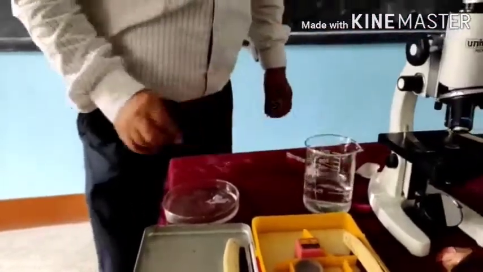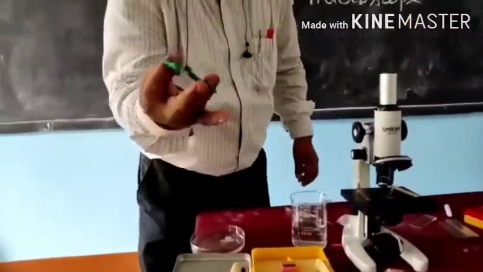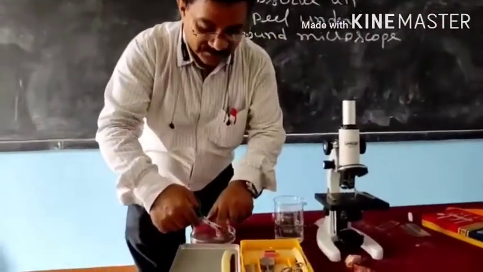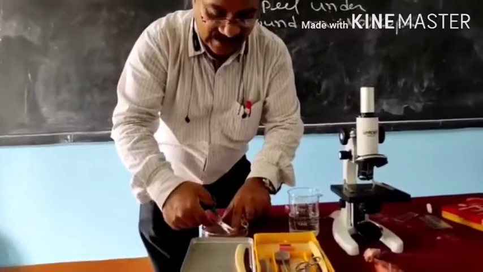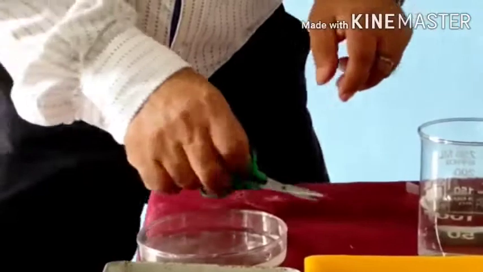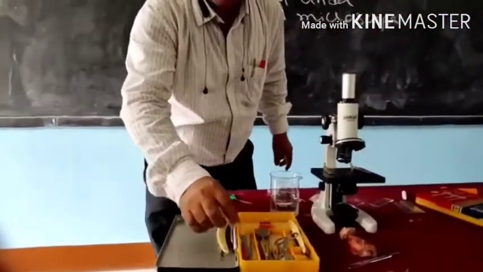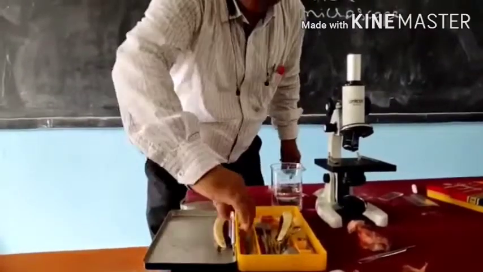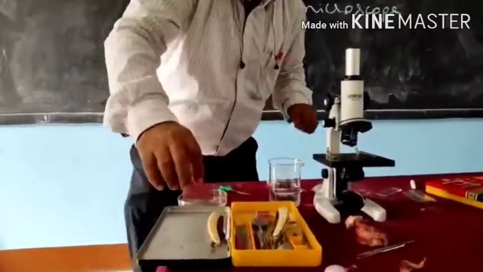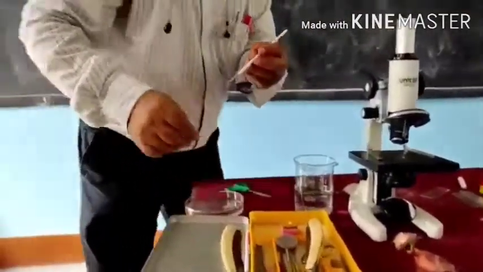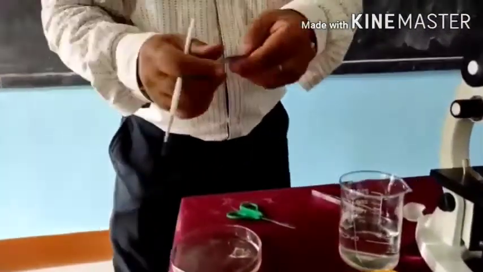Now I will take scissors, and with the help of scissors I will cut it into small pieces. Okay, because such a large piece is not required. Let me cut a small piece. And now with the help of a brush only, not any other thing, I require a brush. With the help of the brush, I will transfer it into a watch glass, a small glass, okay, a watch glass.